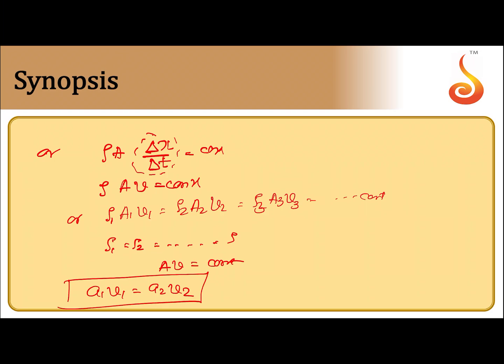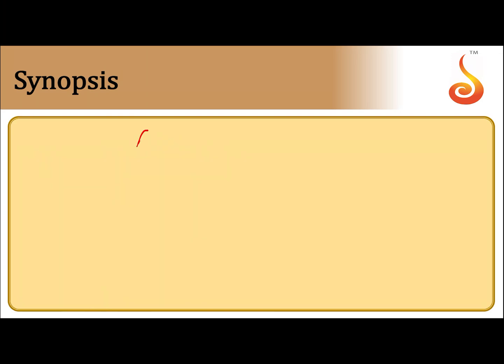So AV is equal to constant, and this is what is called the principle of equation of continuity, according to which the total mass of the liquid crossing a given pipe is constant with respect to time. But if you ask what does that AV give you, observe it carefully, A into delta x divided by delta t.